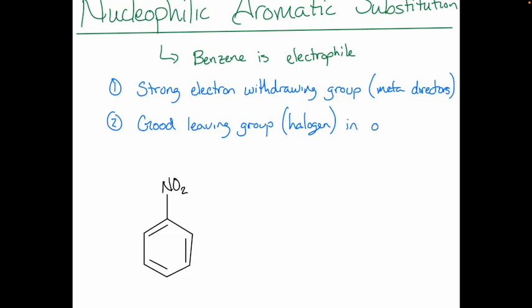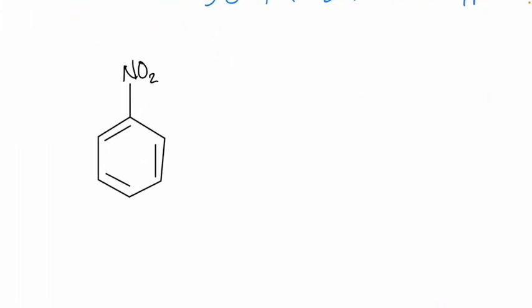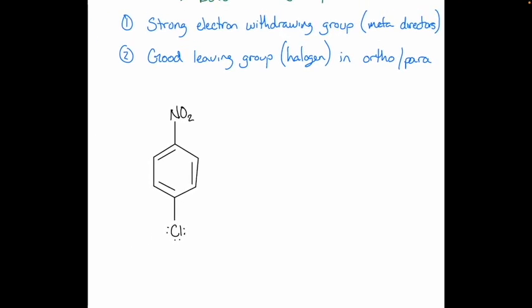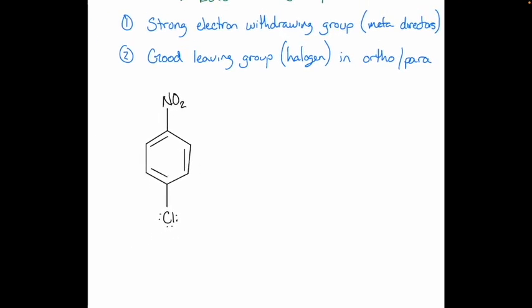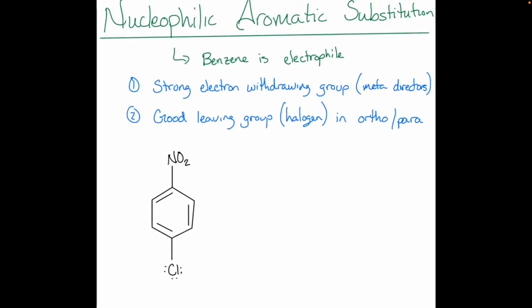It has to be in the ortho or para position. So not only do I need a strong electron withdrawing group, I also need a good leaving group in either the ortho or the para position.